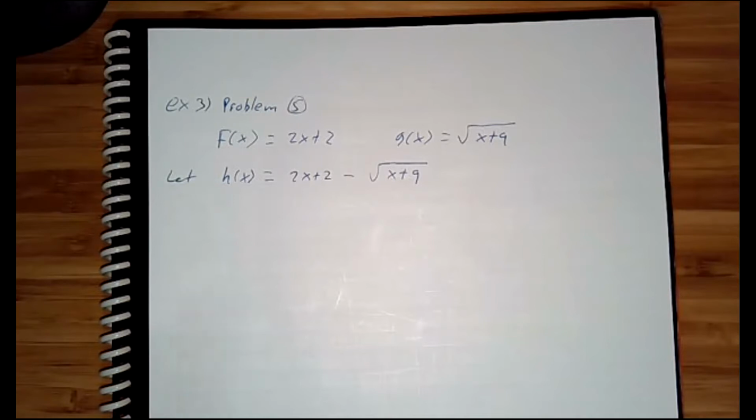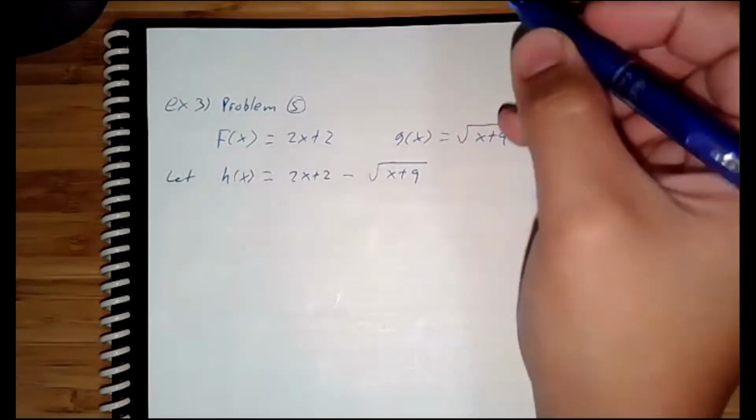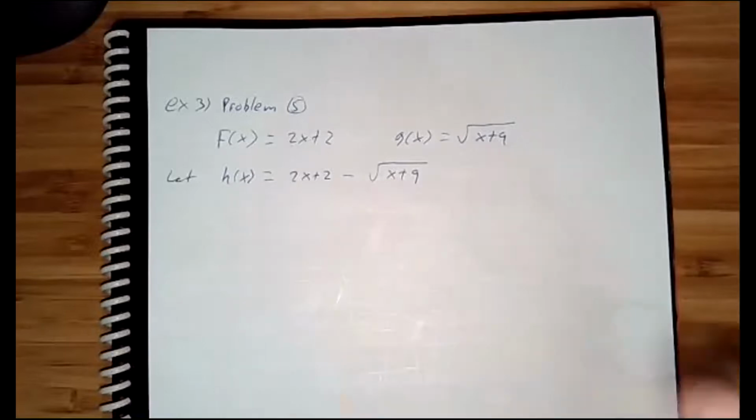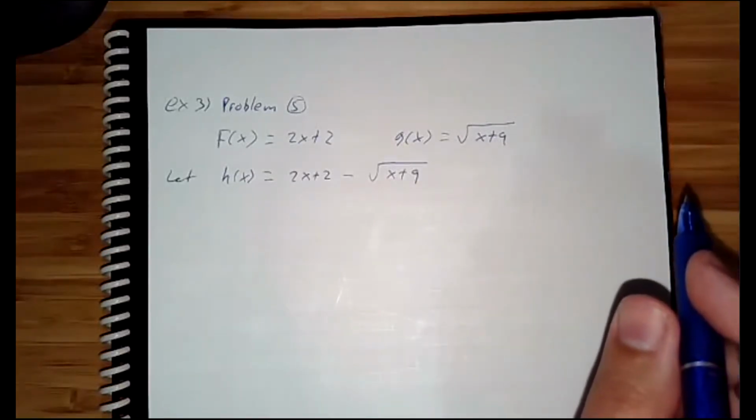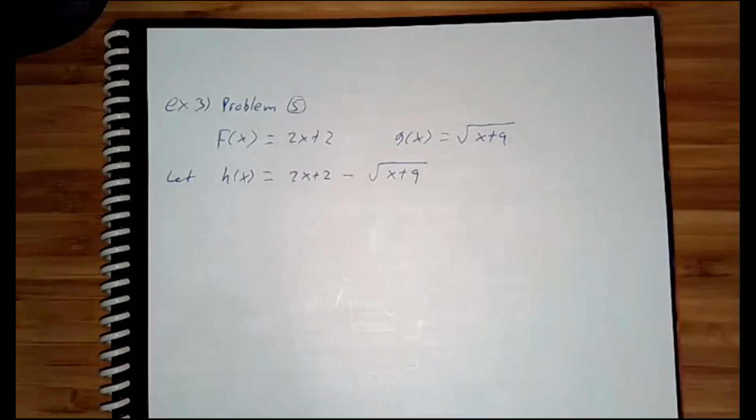Right, to find intersections, remember, you just set two functions equal to each other, and if you subtract, you would set it to 0, right? And that's where this comes from. So let's do the approximation.